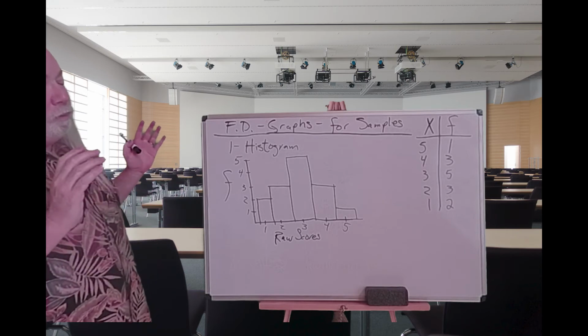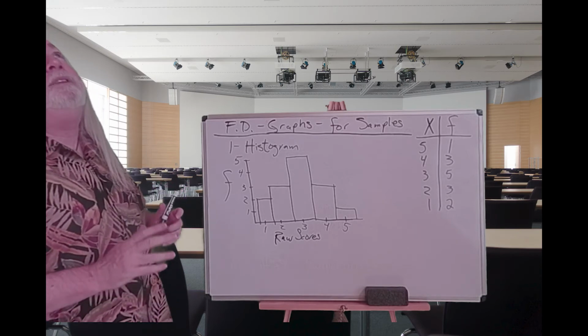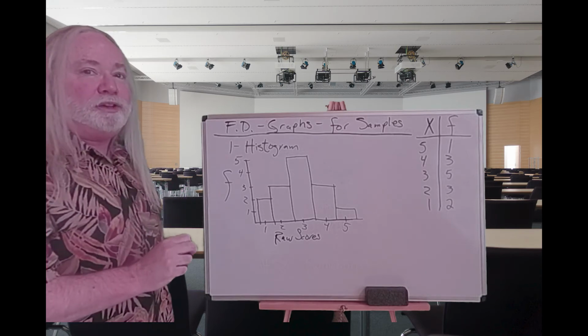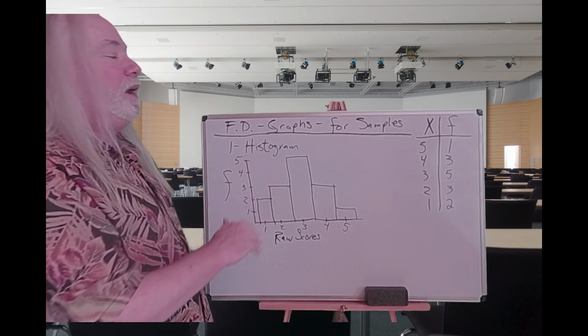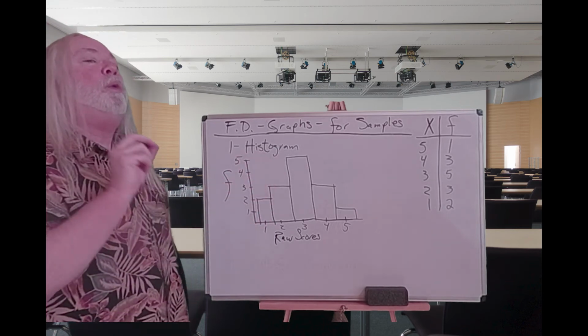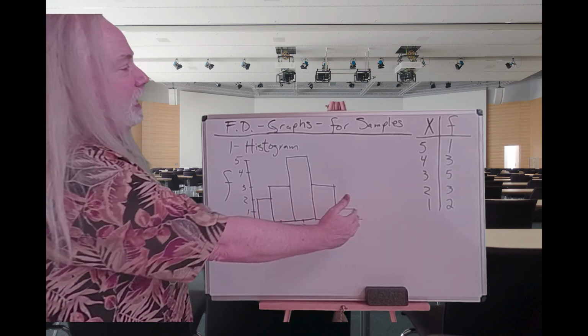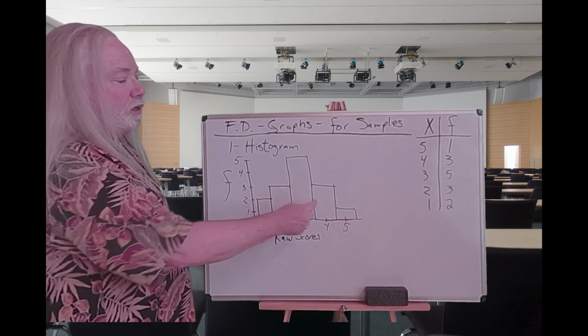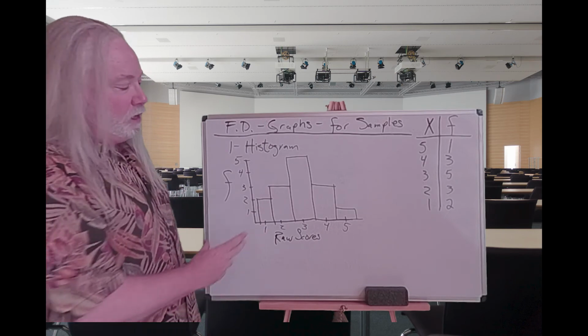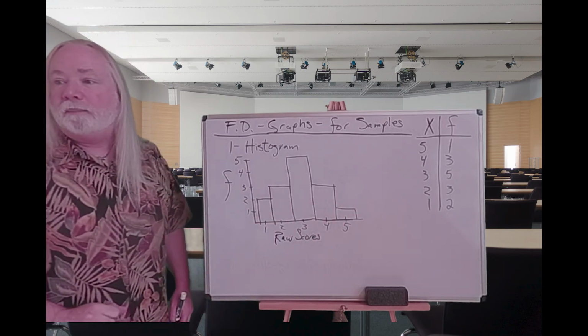So what makes it a histogram? Statistics has a pretty standardized vocabulary, but this area about graphs is an area where it's a little bit loose. What most people mean by histogram, and what we mean by it, is that it is a graph where the bars touch each other. The bars are right next to each other.